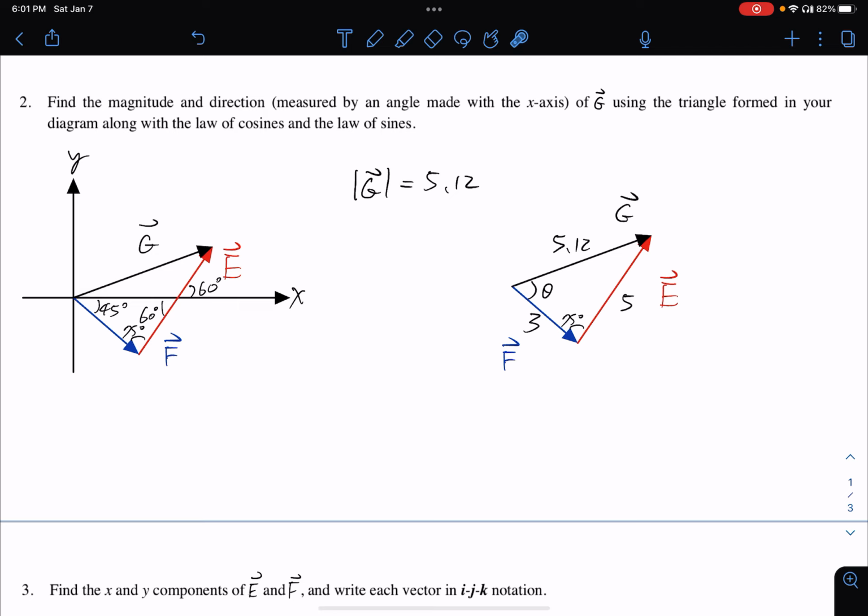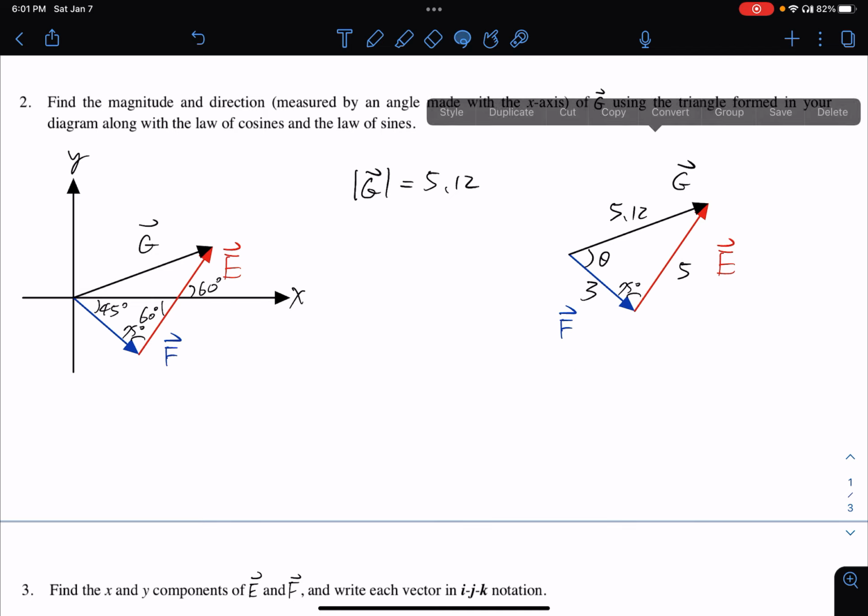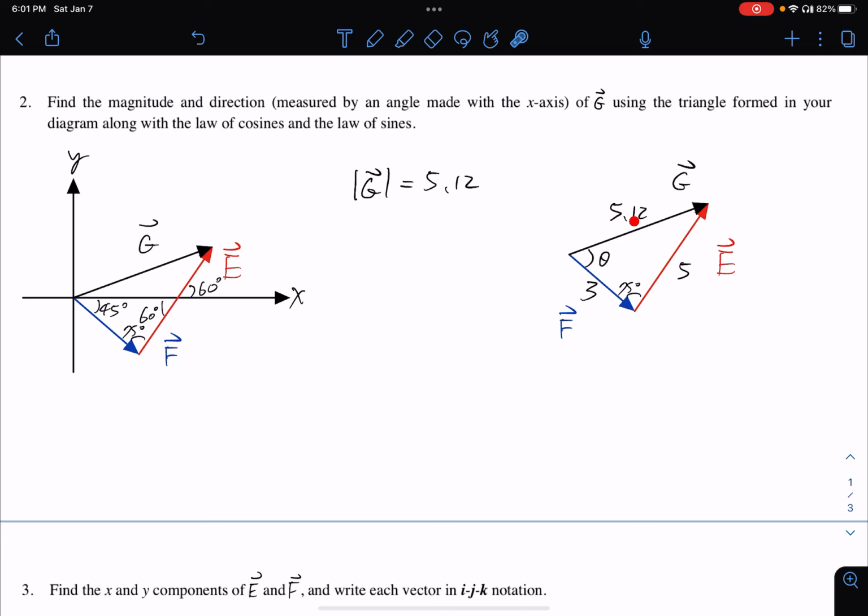Now we can use the ratio between G and E to get the ratio between the sine values of these two angles, and then we can solve for theta. So the ratio between G and E will equal the ratio of the sines of the corresponding angles.